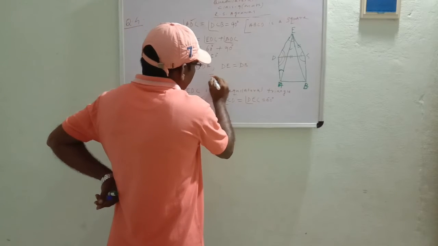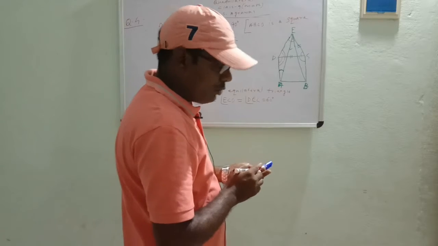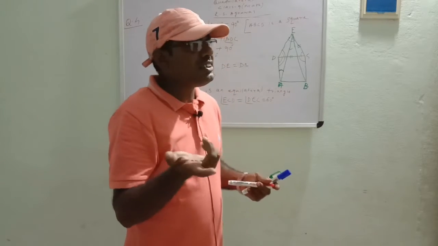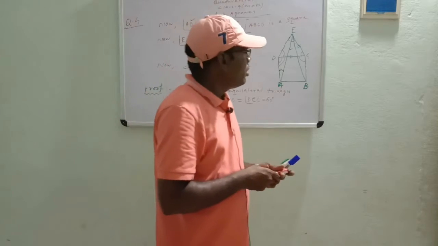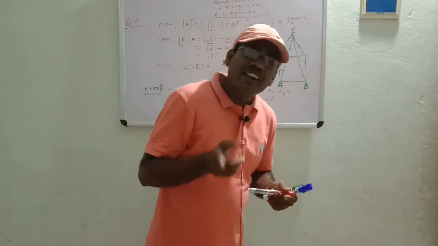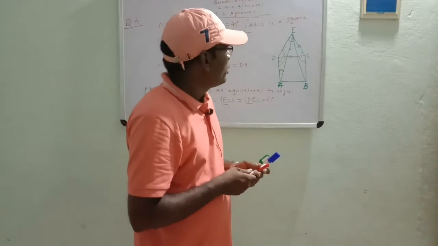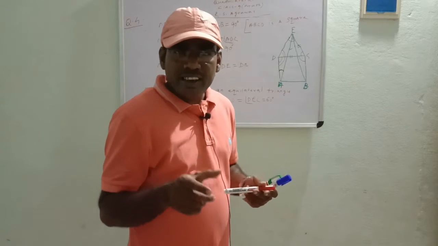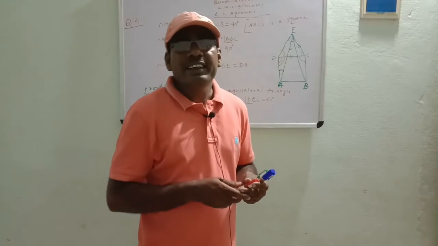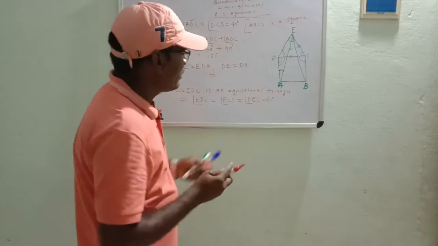That implies, you have already known in class 8 that if in a triangle two sides are equal, then their opposite angles must be equal.